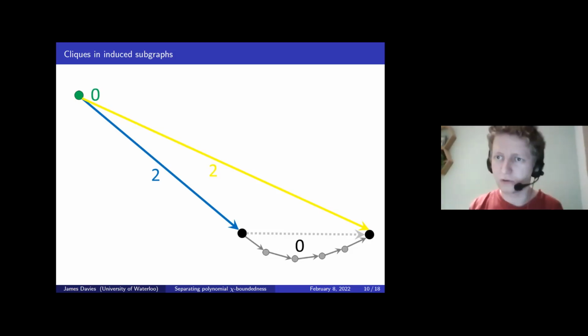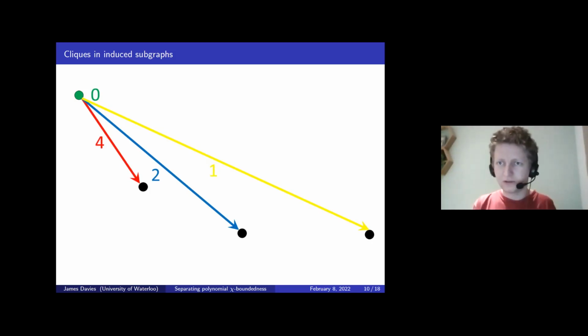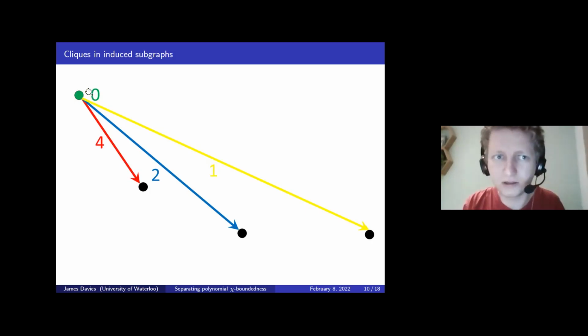So because of that, our graph's going to have clique number at most p. There will be no p plus 1 clique because we can't find more than p residues modulo p. So roughly speaking, this is what our clique looks like. We have this tail vertex, the 0 green one, and we have these directed tail edges of length being different residues modulo p.